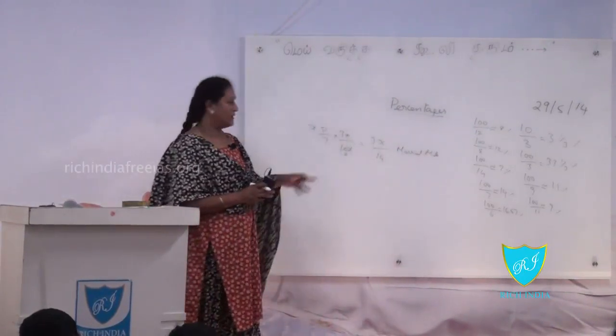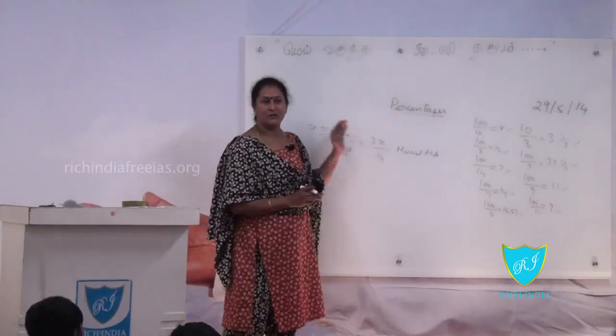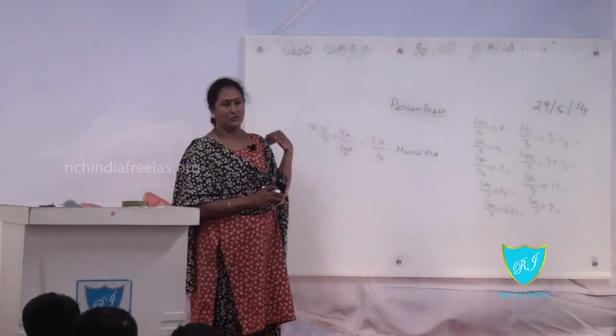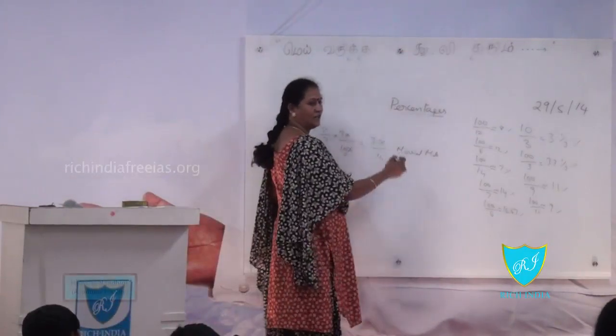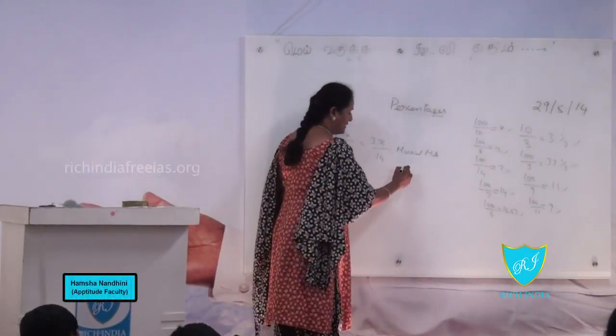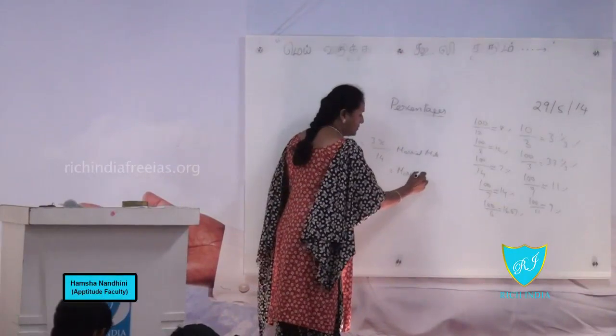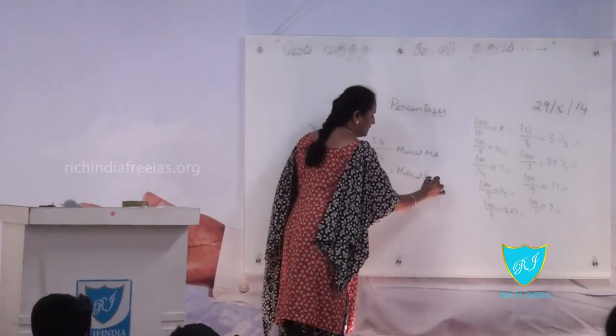And this 3x by 14 is also equal to married female. Okay, that's the link, you can work that out. So married female is also equal to 3x by 14.